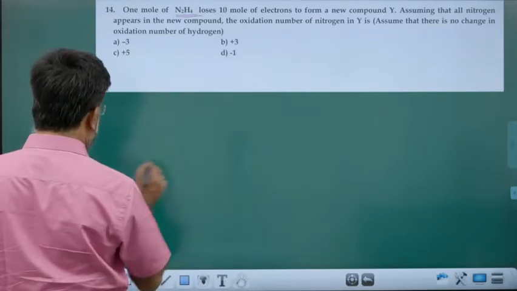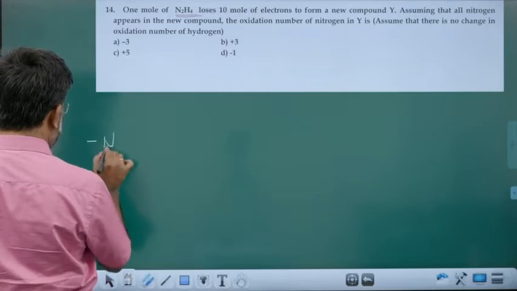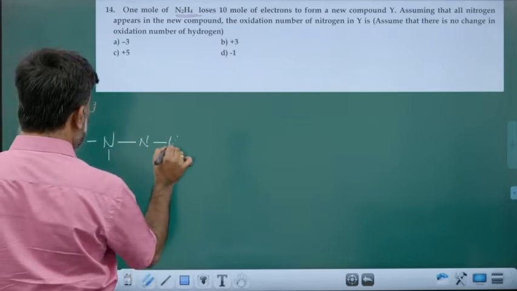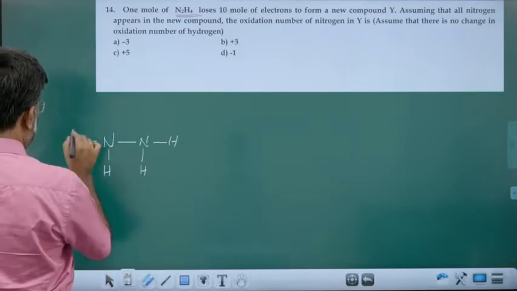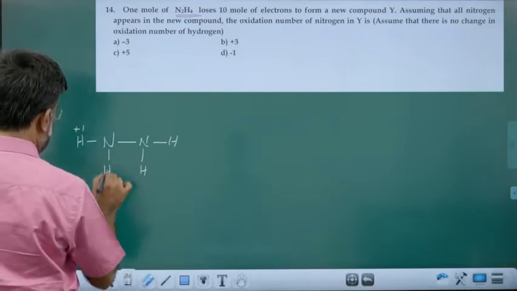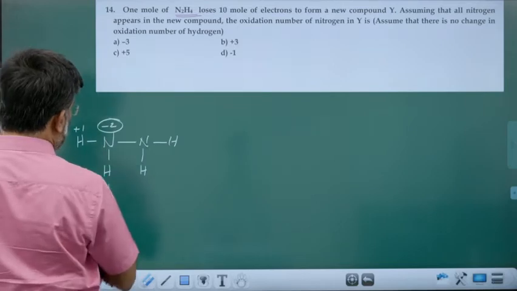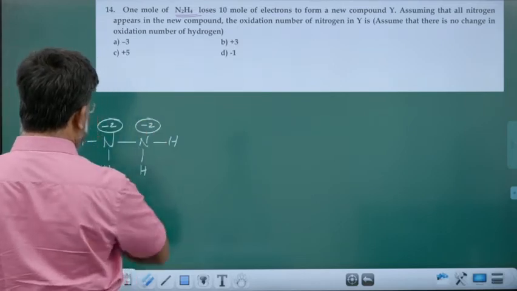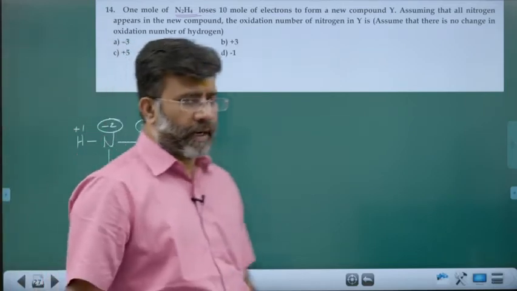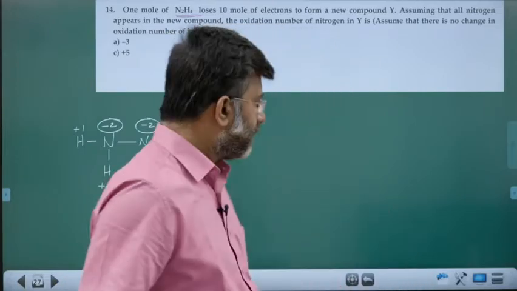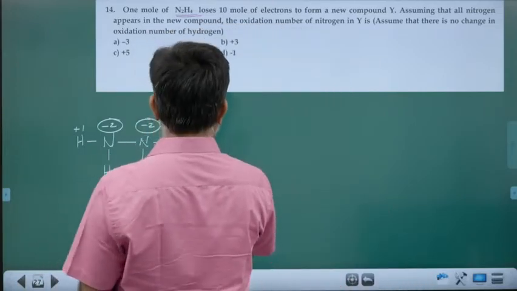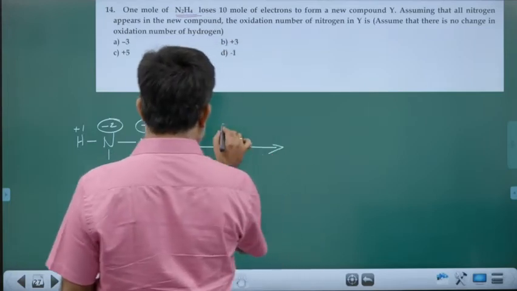Children, this is hydrazine, where you have +1, +1, and nitrogen is in the -2 state. There are 2 nitrogen with a -2 state, right? And this is losing 10 electrons.